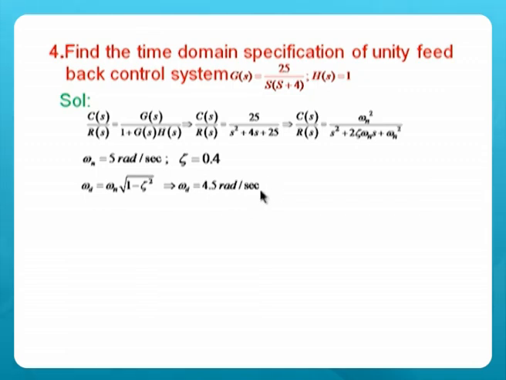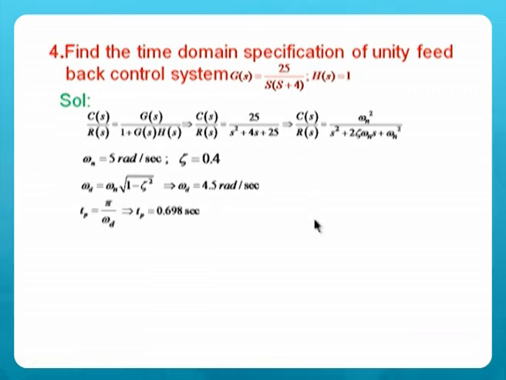You can cross check here itself that omega d should be less than omega n, because omega n is for zeta equal to 0. As you increase the zeta from 0 to 1, then omega d decreases. So the damped natural frequency should always be less than omega n.